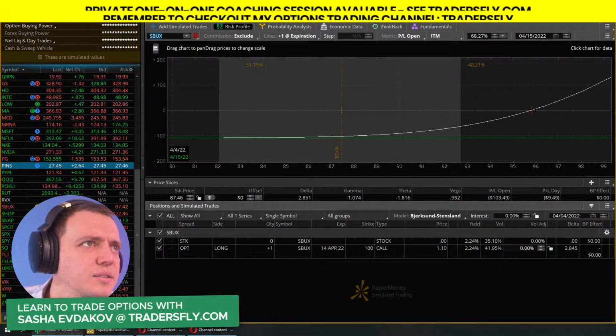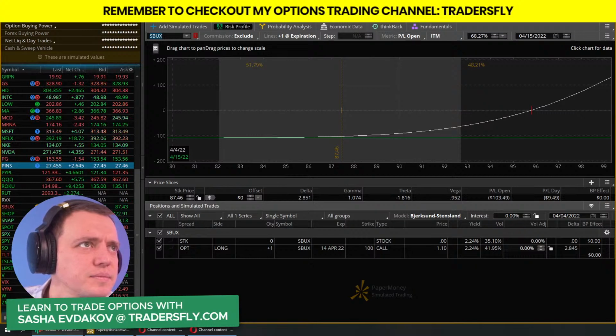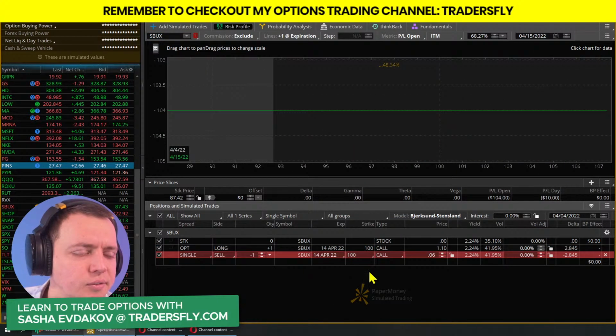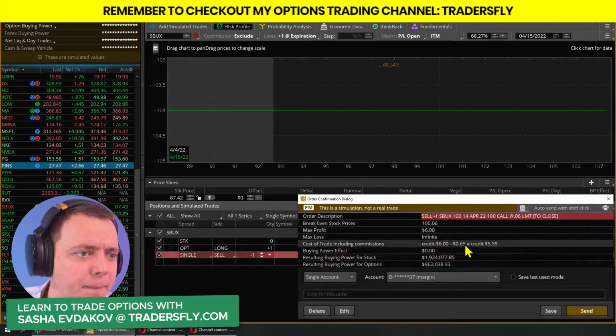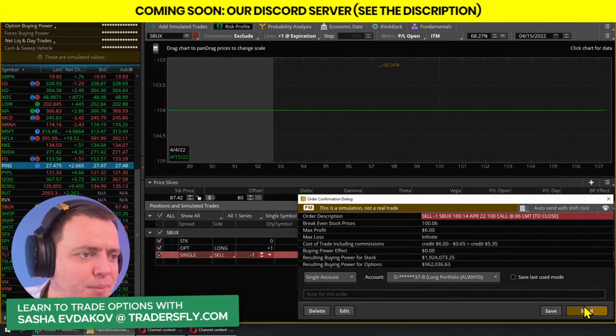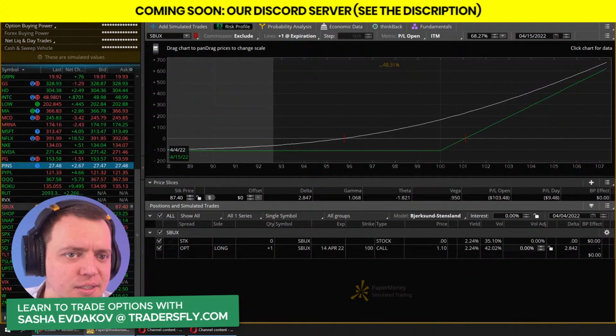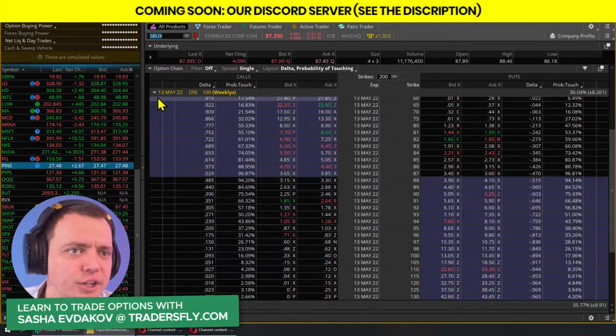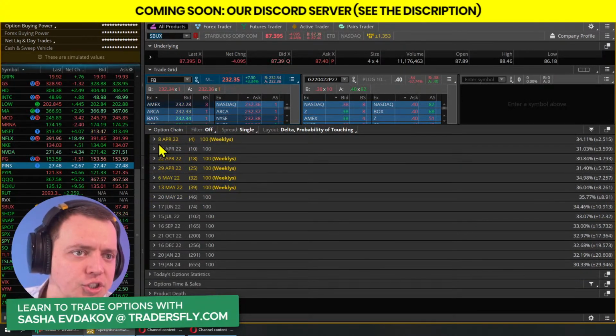I've got a single call. Must have been left over from something else, so we'll just close it out. There's no point to have it. The stock has not been doing well for me on the Starbucks side. It's just constantly tanking. I need to sell more puts on it and see if I can work that trade a little bit more.